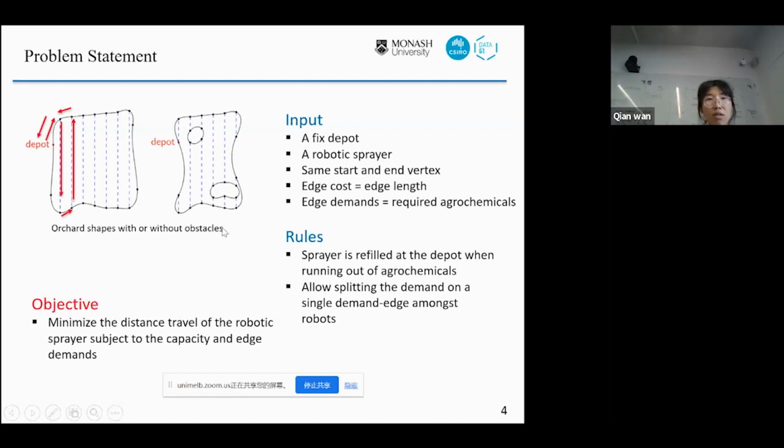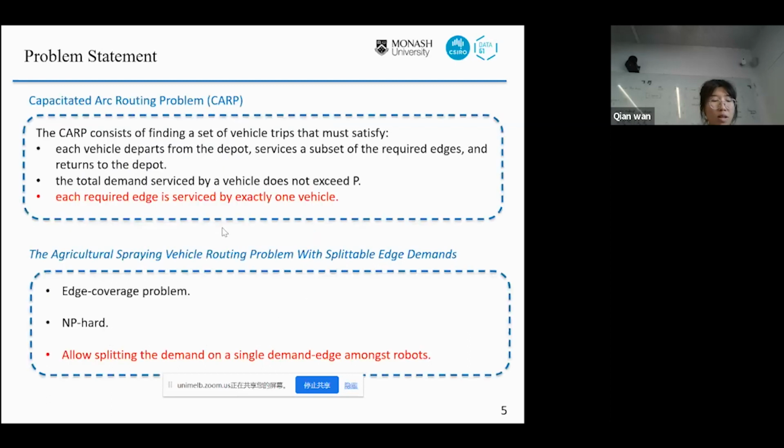Our problem is an edge coverage problem. But when discussing edge coverage routing problems, the capacitated arc routing problem is often the first thing that comes to mind.